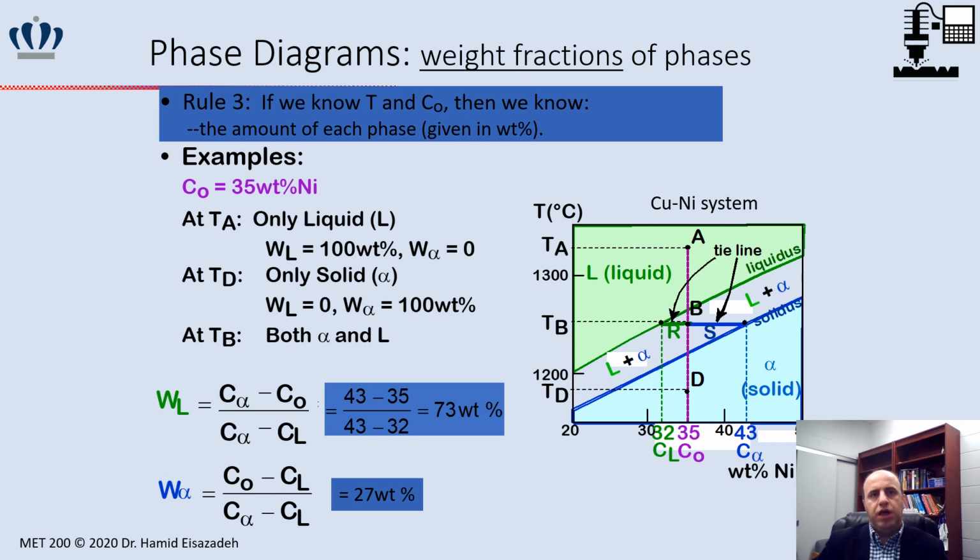At the liquid region, for example point A, how much liquid do we have there? Almost all of it is going to be liquid, so 100 weight% liquid. How much solid do we have there? It's zero solid, right?